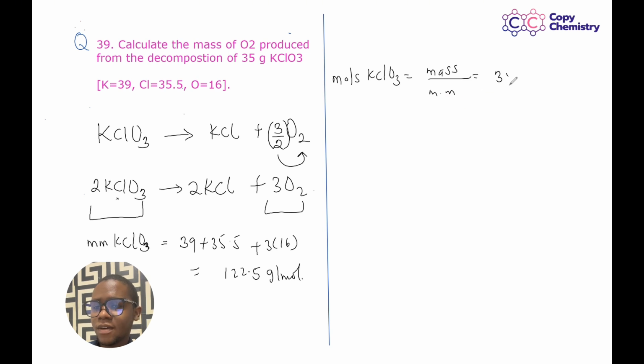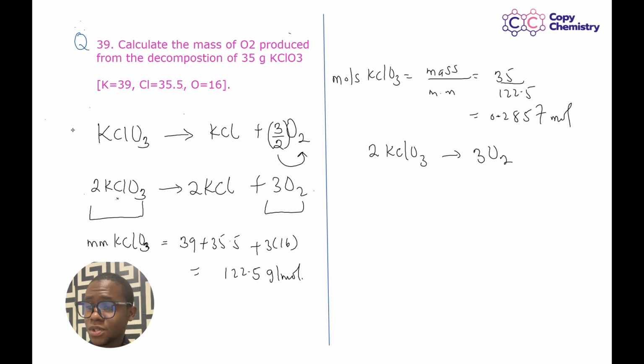So that's 35 divided by 122.5, and that gives us 0.2857 moles. That is the number of moles of KClO3. We can see that 2 moles of KClO3 produces 3 moles of O2 from that balanced equation, right? Yes, we can.